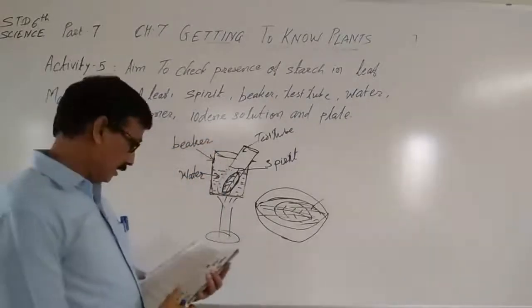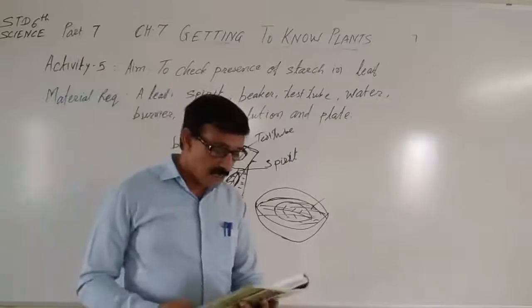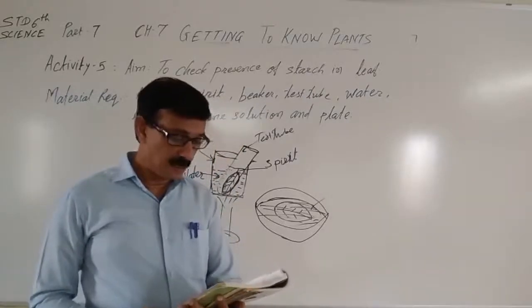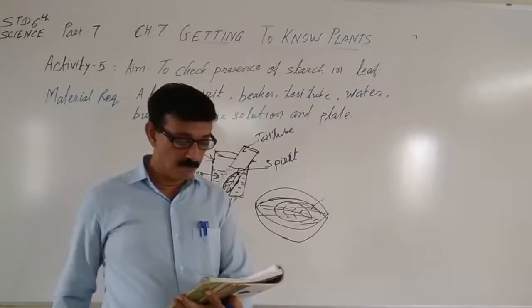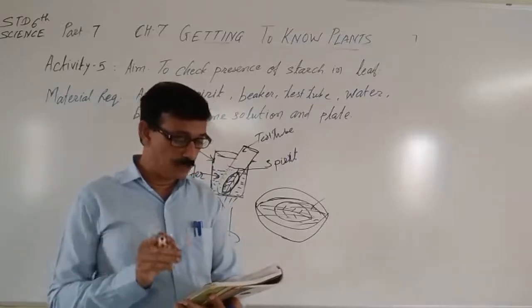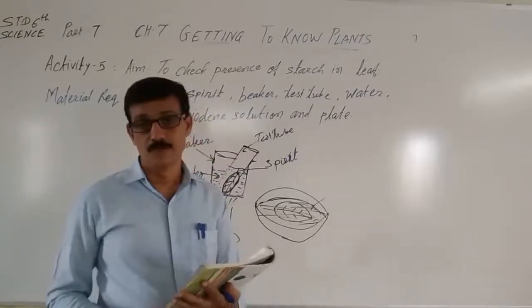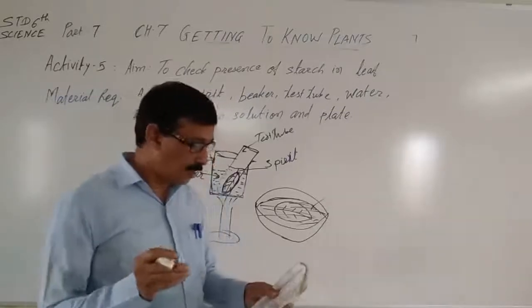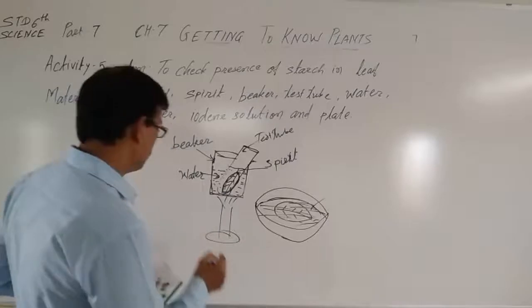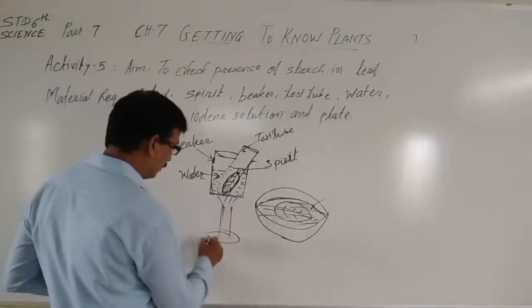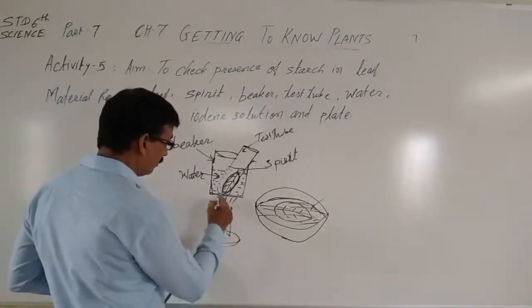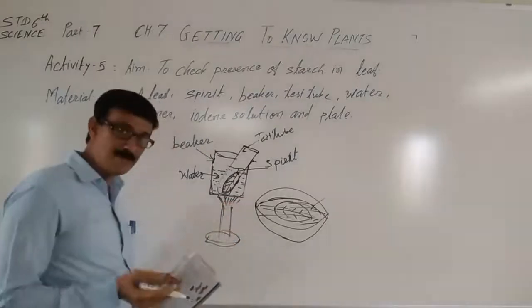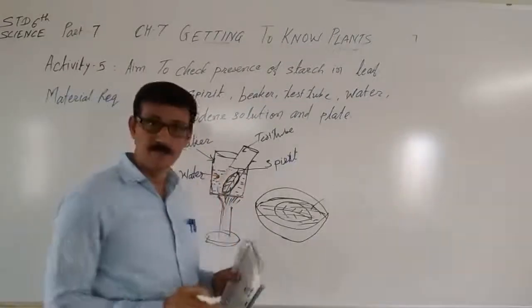Then heat the beaker till all the green color from the leaf comes out into the spirit in the test tube. Now what we have to do is heat the beaker. Here you can see there is a burner, and we have started the burner, so it is heating the beaker.